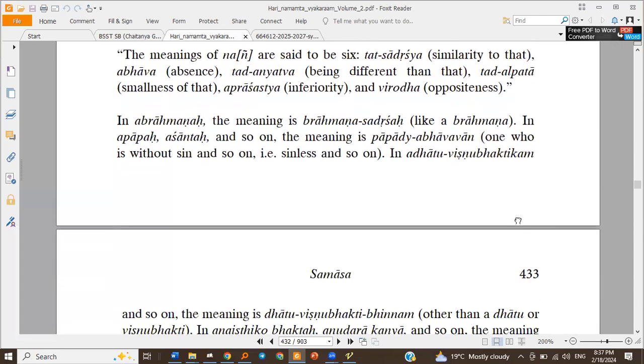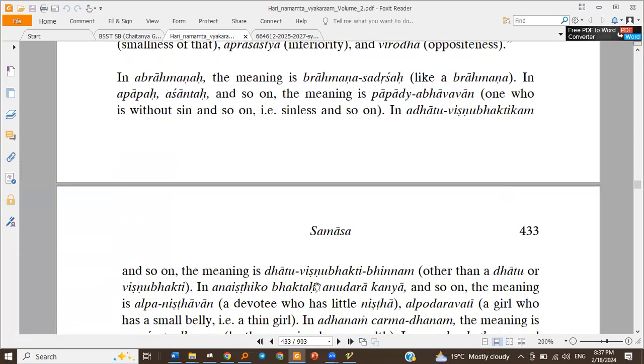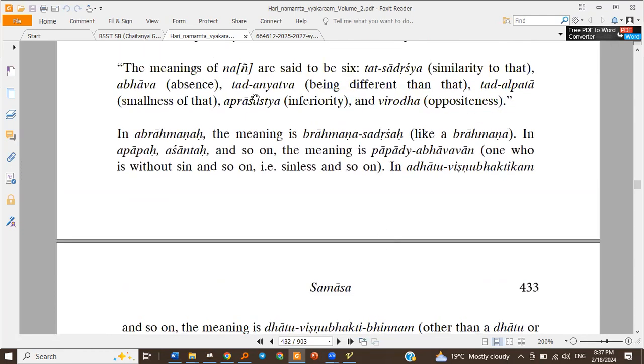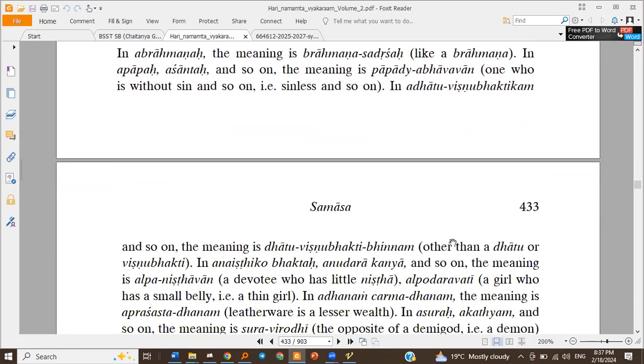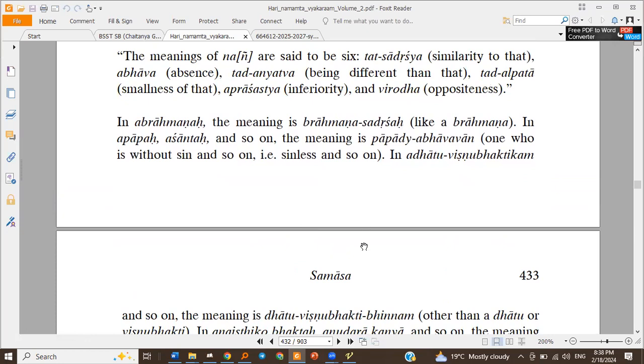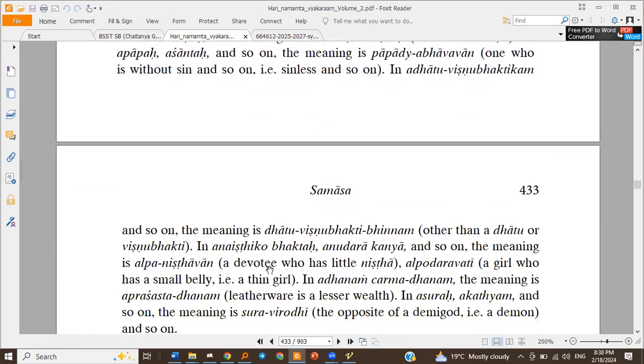In adhatu Vishnu bhaktikam and so on, the meaning is dhatu Vishnu bhakti bhinnam. So this is the third one, tad anyatva, other than a dhatu or Vishnu bhakti. Then the fourth one is anaishtiko bhaktaha. So that's tad alpata. Anaishtiko bhaktaha, anudara kanya, and so on.